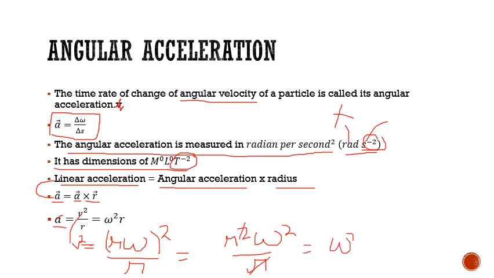Omega square r. So I can also write this acceleration as omega square r. This type of acceleration is known as centripetal acceleration. What is centripetal acceleration? I will explain it to you in our next class.